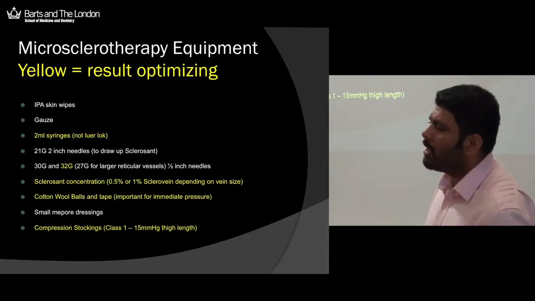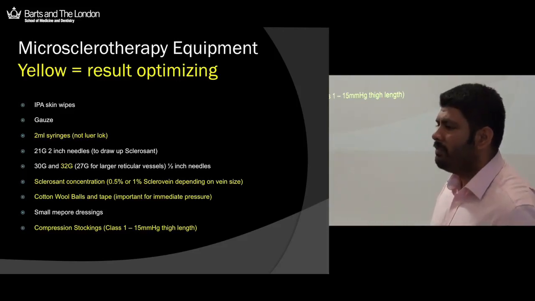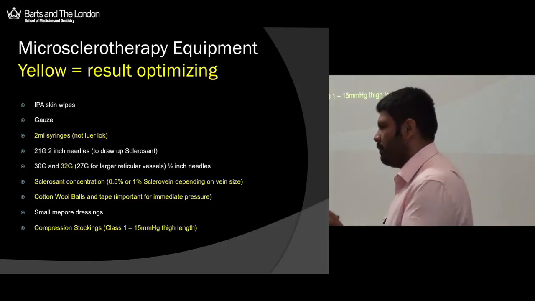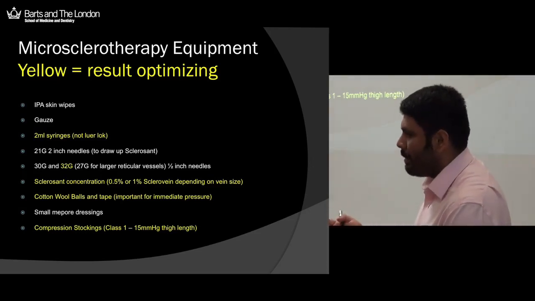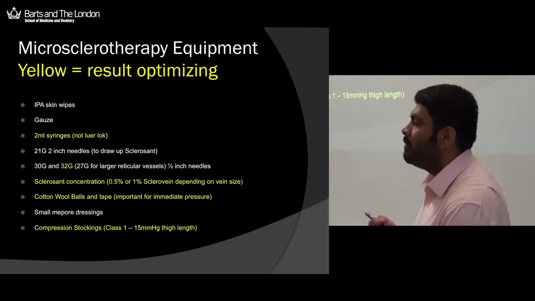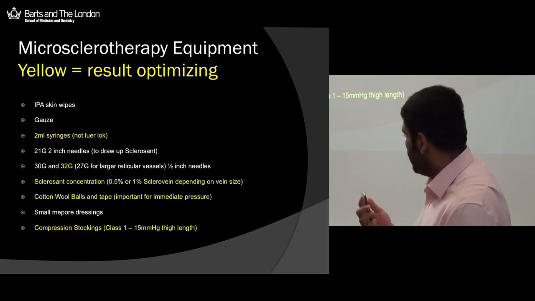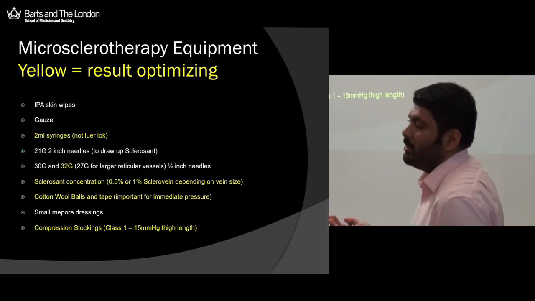So when sclerotherapy fails, or treatment of facial telangiectasia fails, for example with lasers, it's because adequate vessel damage has not been done, and the vessels have basically healed themselves and defeated the objective of your treatment.